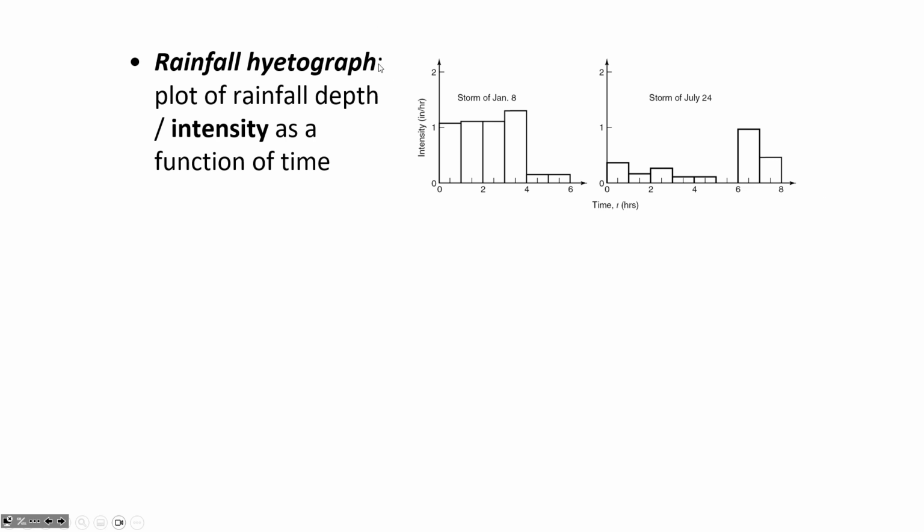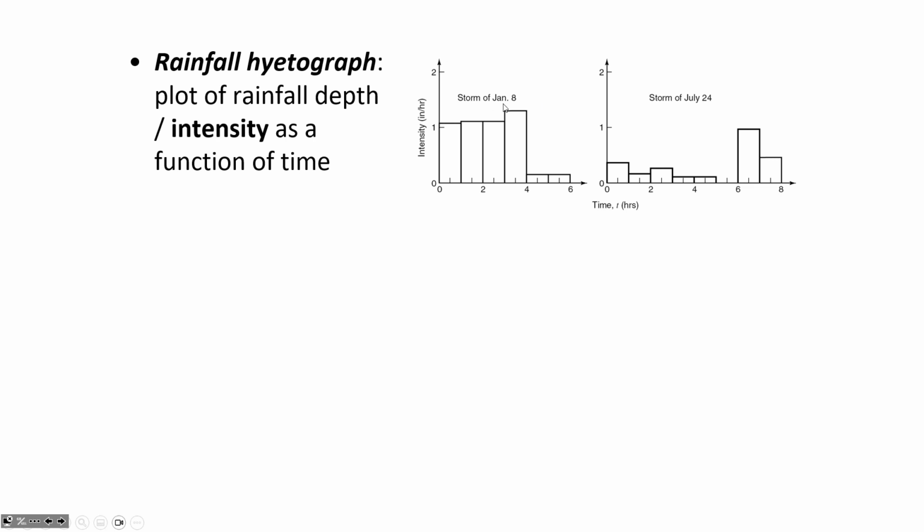A hydrograph is a visual representation of either depth or intensity over time during a storm. So this is an intensity hydrograph, and you can see what it's showing is, in 1 hour intervals, what was the storm intensity during a certain day.